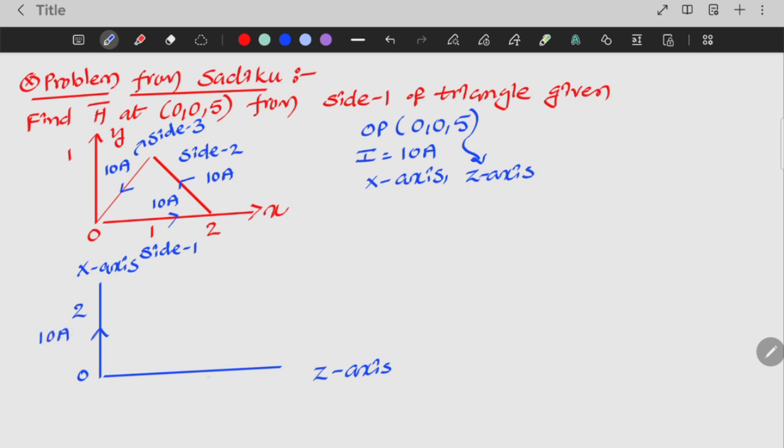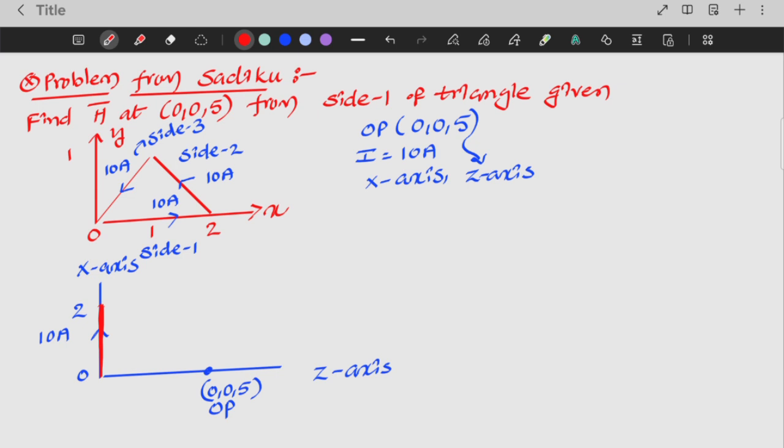And the observation point is at (0,0,5). This is our OP. This is the current passing from 0 to 2. So the diagram looks like our derivation part only.